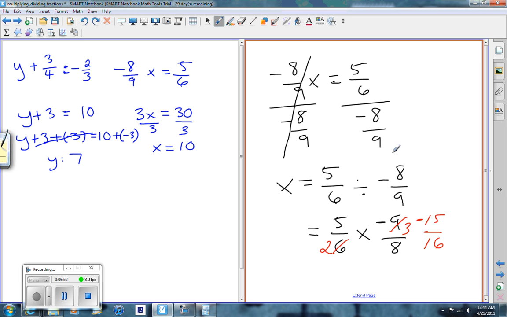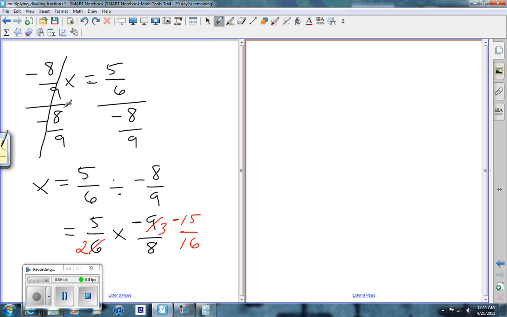So we can save ourselves a little bit of time and effort if we actually add a page in here. So we can keep that there for a second. But this is how you might consider doing it. You got -8/9 times x. And if this way over here makes more sense to you, by all means, keep doing it.